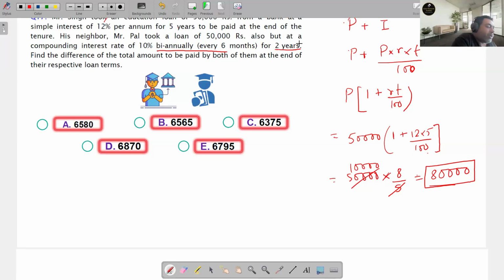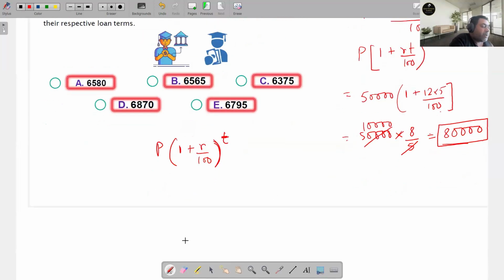But this is on compounding interest. So in compounding interest, the formula for this is P into 1 plus R upon 100 to the power T. This is what the formula for compounding amount is.